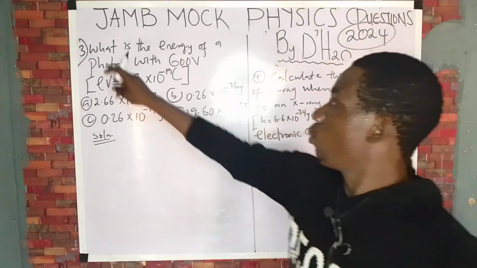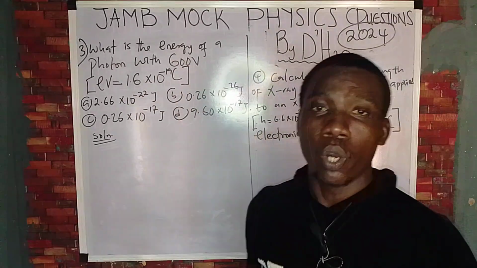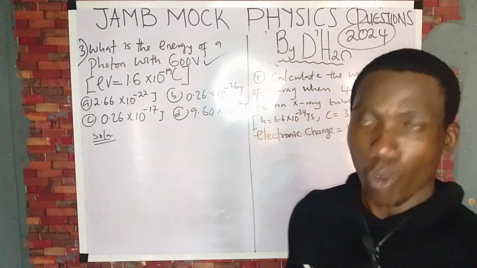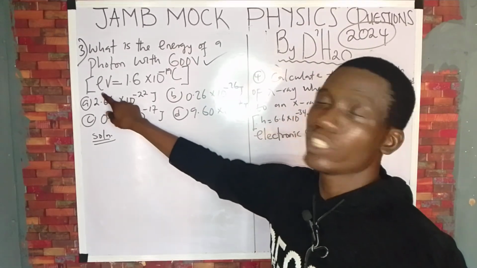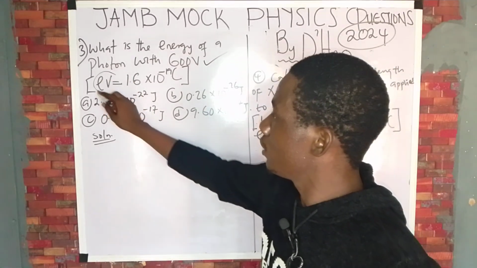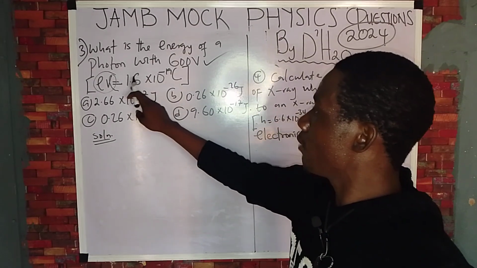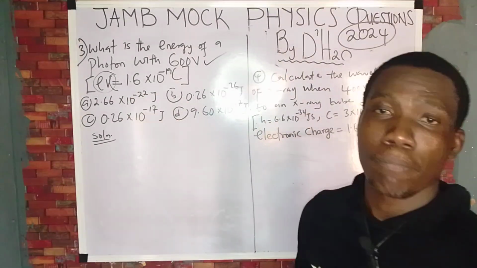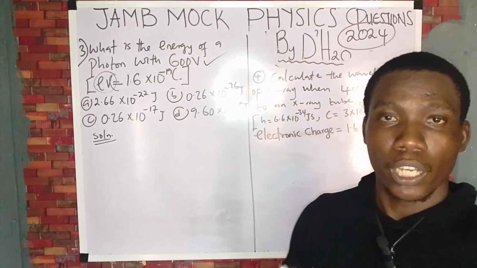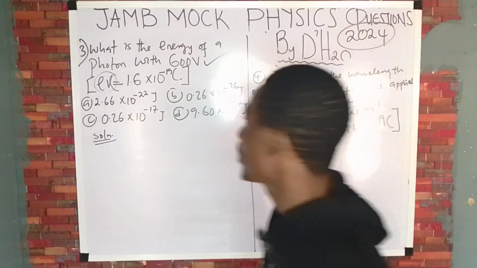Very easy. What is the energy of a photon with 600 volts? Then the electronic charge, this is the charge of an electron. You can call this quantity of charge 1.6 times 10 raised to the power of minus 19 coulomb. That's why it is given to you in what? In coulomb. Very easy.